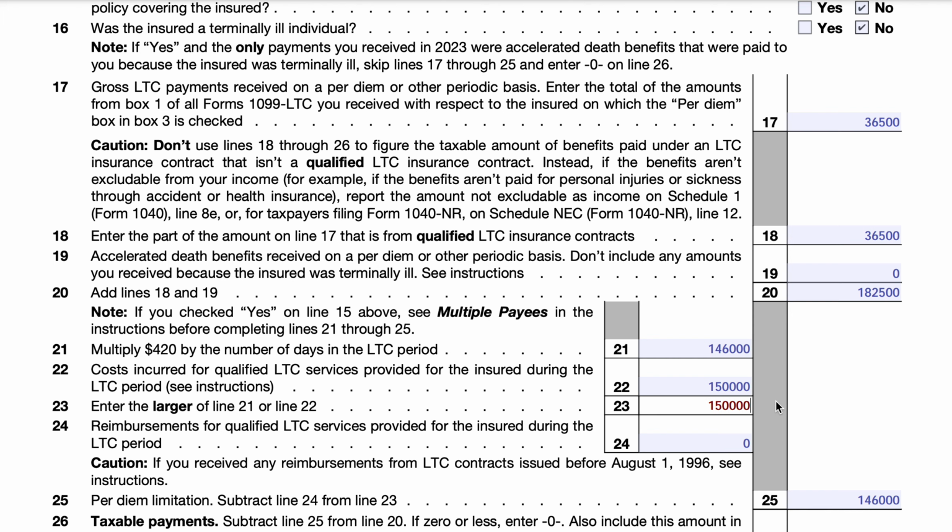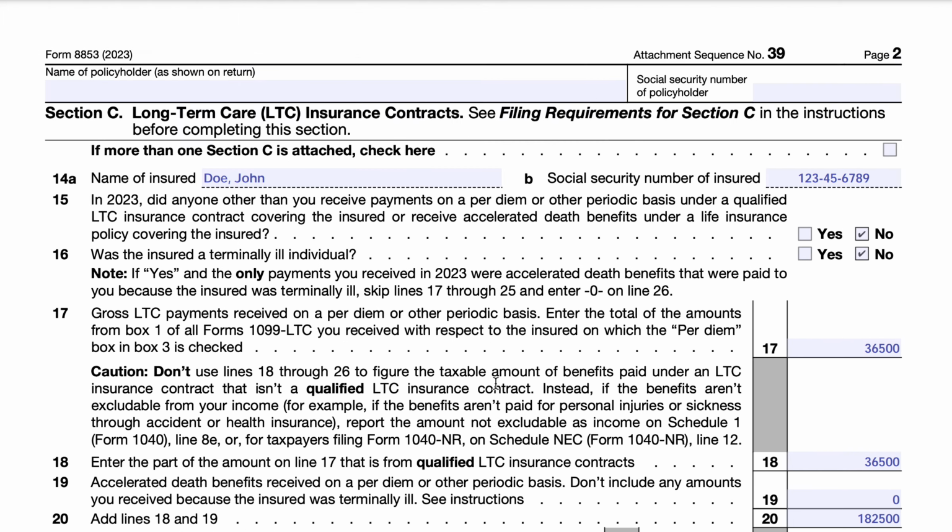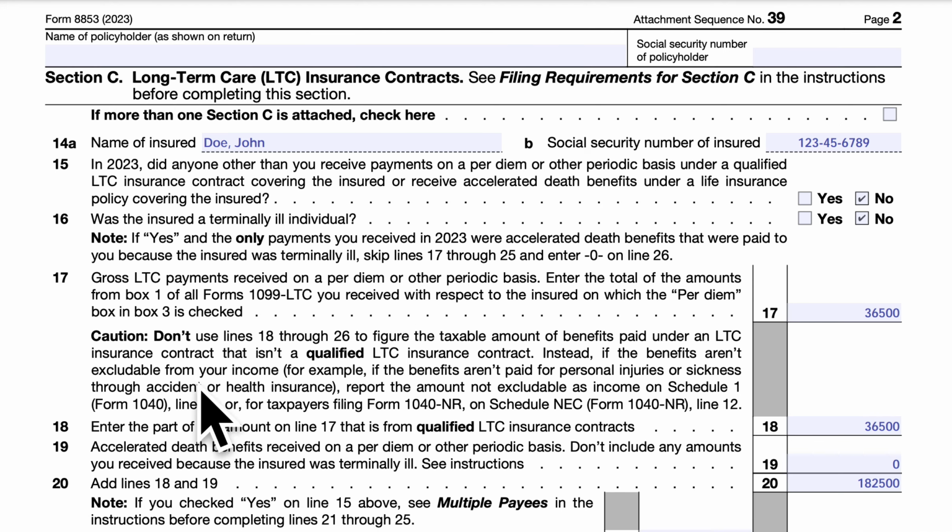So now the per diem limitation is $150,000. And that means that $32,500 of this would be considered taxable income. That would get reported on Schedule 1, line 8E, the same line that you would enter this information if this wasn't a qualified contract.